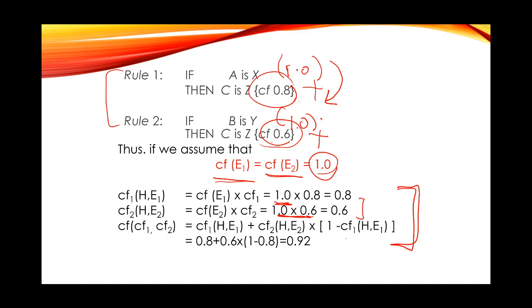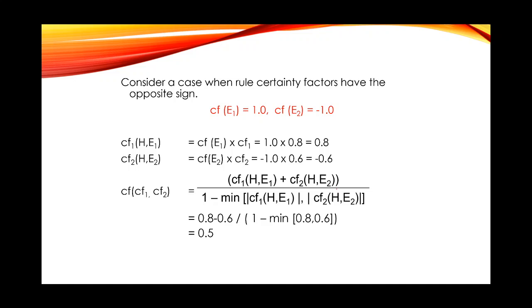When both of them are positive, you have to take a look at this formula. 0.8 plus 0.6 times 1 minus 0.8. CF1 equals 0.92.